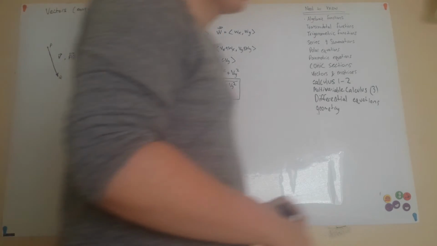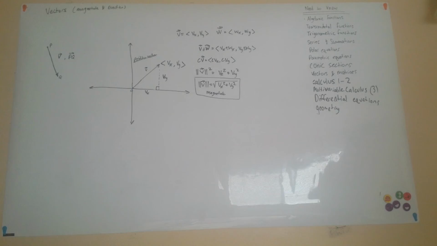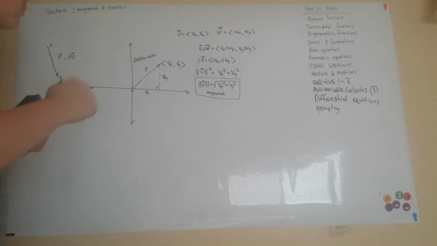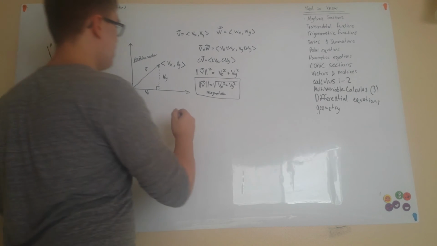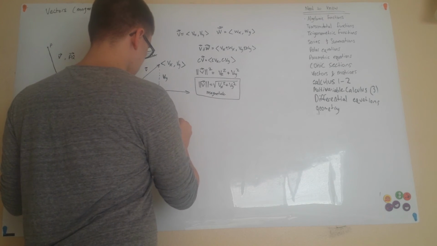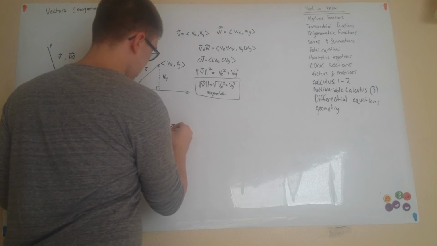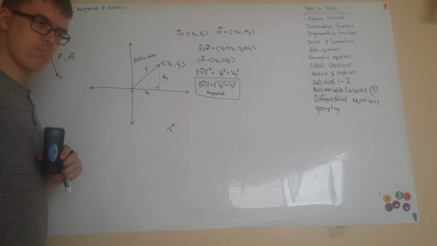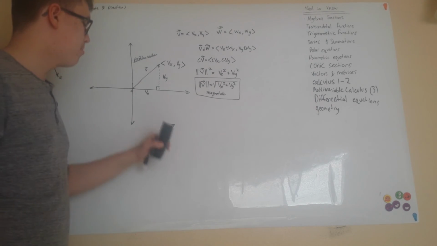So, let's talk about unit vectors. Unit vectors. What is that? Unit vectors are vectors with the magnitude of 1. So all unit vectors have a magnitude of 1.